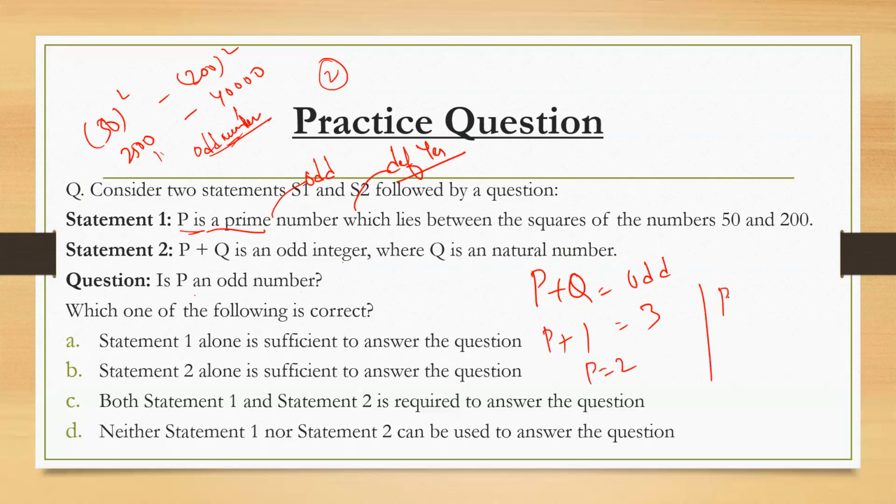Similarly, if P is an odd number itself, Q is a natural number, so I can put 2 also. So P here I'm getting as 1. So I'm getting P as odd as well as even. That means I'm not getting a definite answer of the nature of P with respect to statement 2. So statement 2 does not answer my question. Statement 1 does. So here the answer is A.